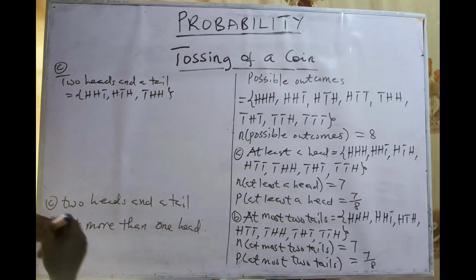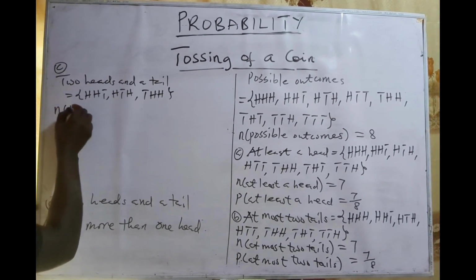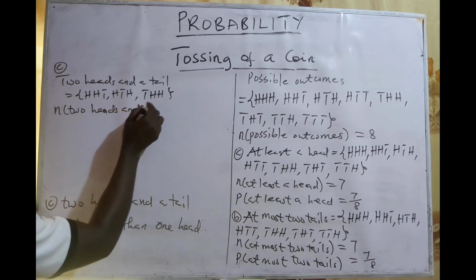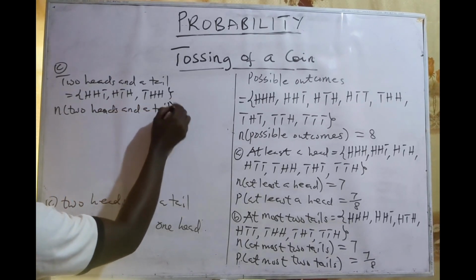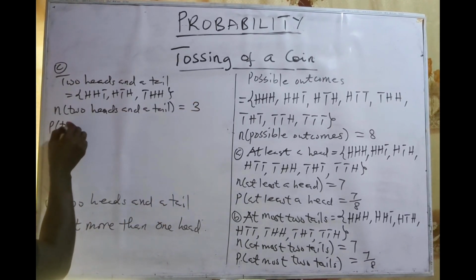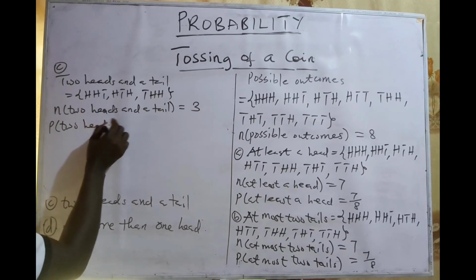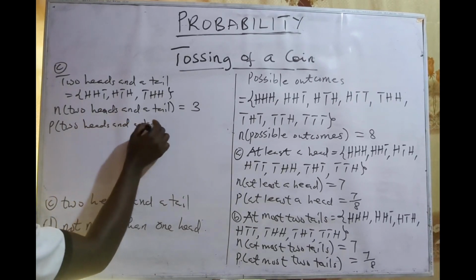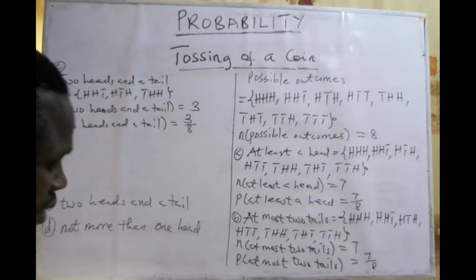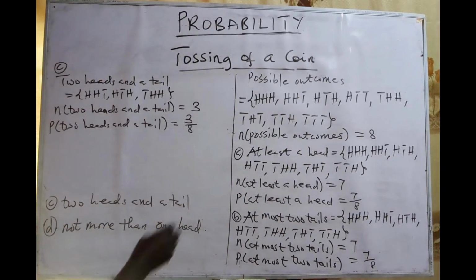Therefore, the number of 2 heads and a tail is 3, and the probability of 2 heads and a tail is going to be 3 out of 8. Alright, so let's proceed to the last one.